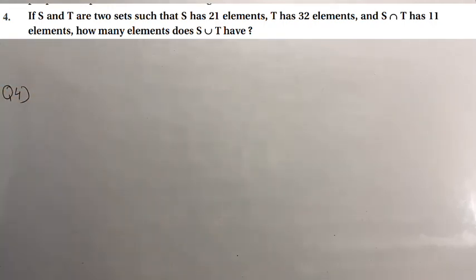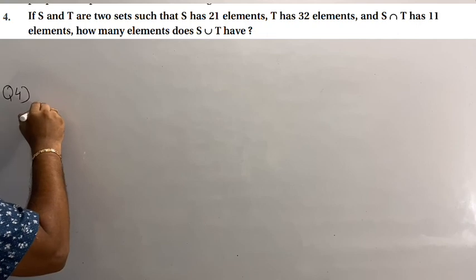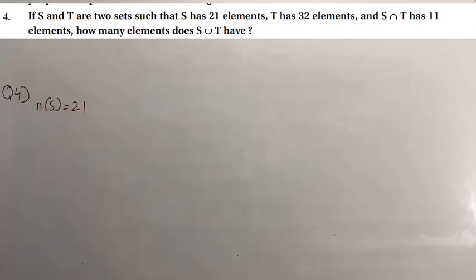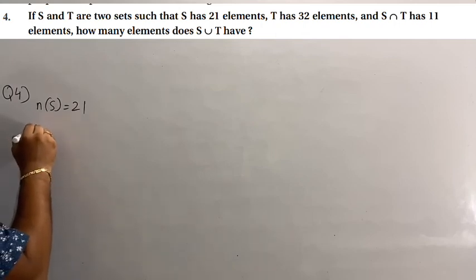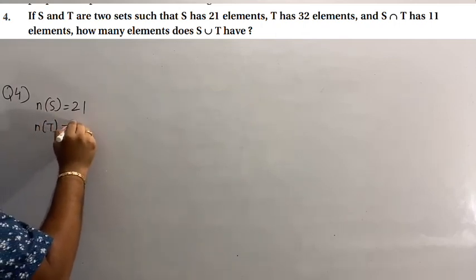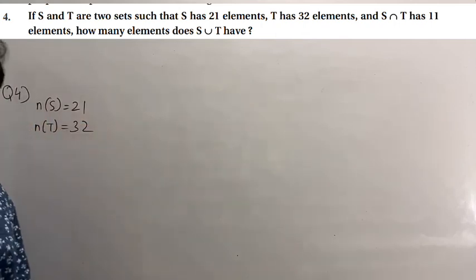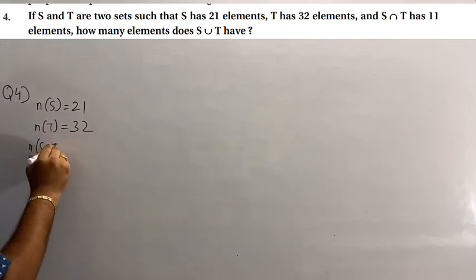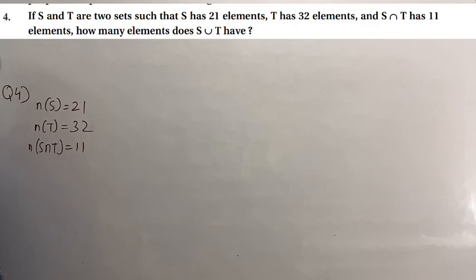Now you can see here in question number 4 that S has 21 elements. T has 32 elements. S intersection T has 11 elements. Clear?